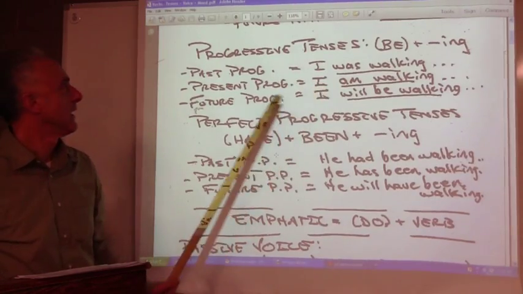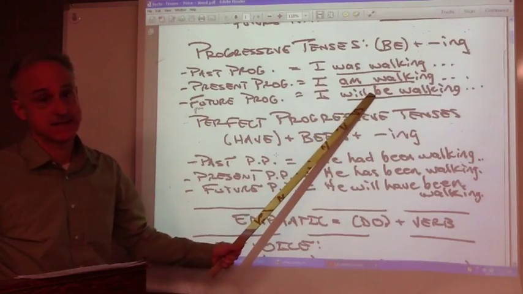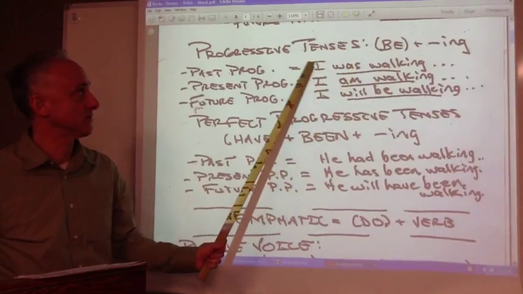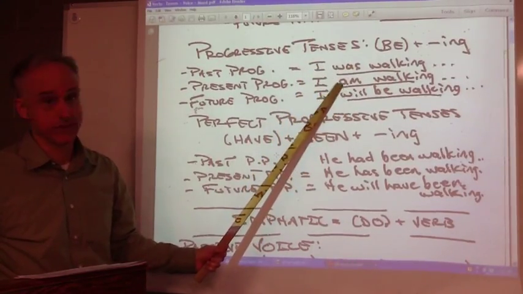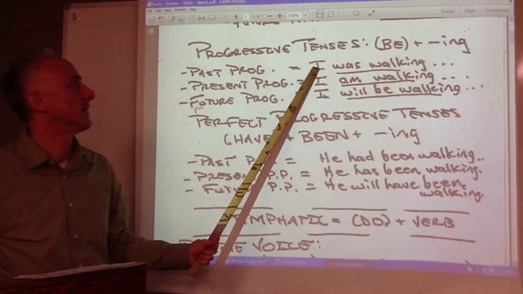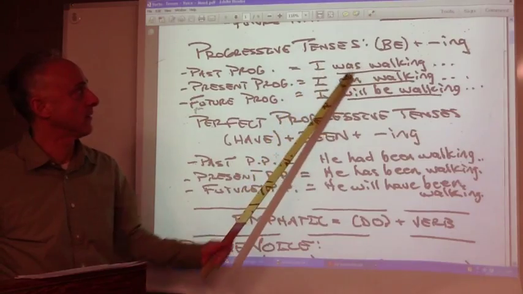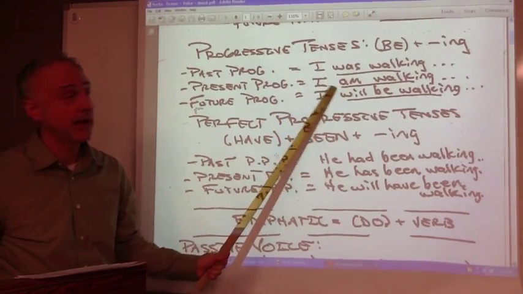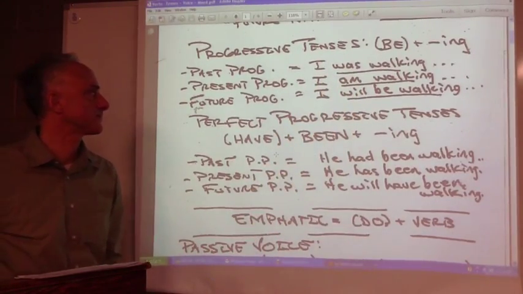You are. And in the future, it's I will be, they will be. That stays the same. This verb is very irregular, so it changes by subject from singular to plural. So I'm just showing you the singular right here, but plural would be you were, they were, and I am could be you are, they are. Okay, so there are different forms, but basically that's what it's like.